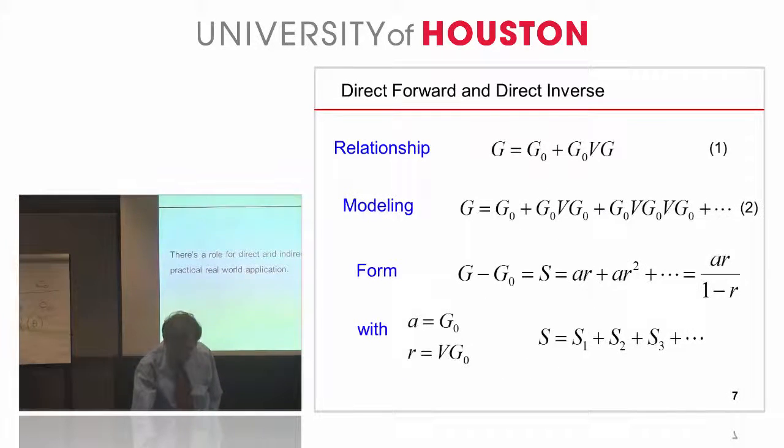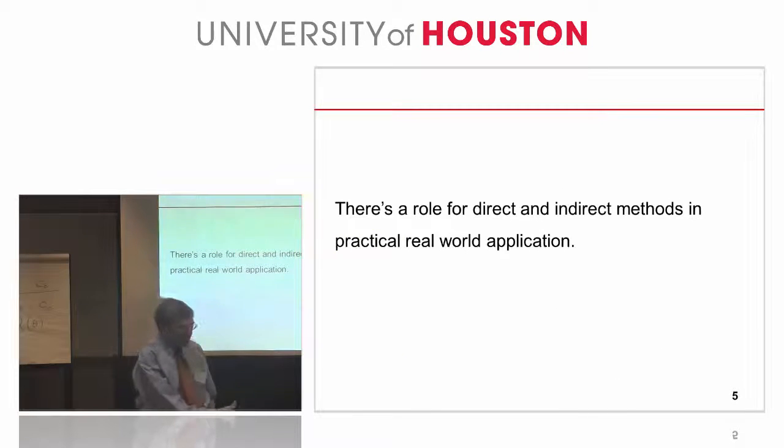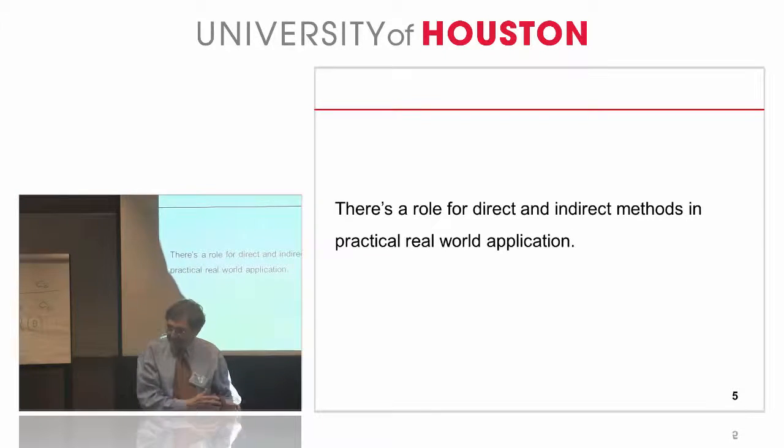Well, first, there's a role for direct and indirect methods. We already mentioned that we have from a student, Lin Tang, who's with us, a way to try to indirectly determine near surface properties. That adaptive thing we're talking about is indirect. Any adaptive is indirect.